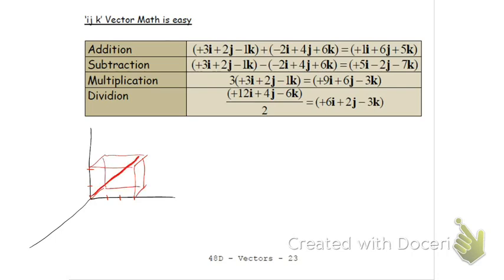That's my vector. That's what I just said. I'm going to say minus 2i plus 4j plus 6k.